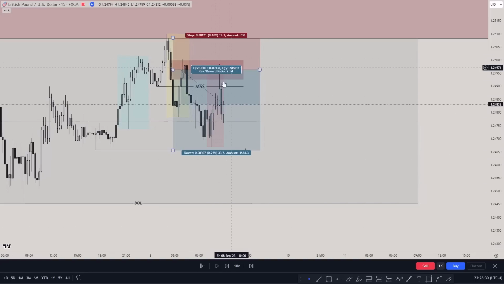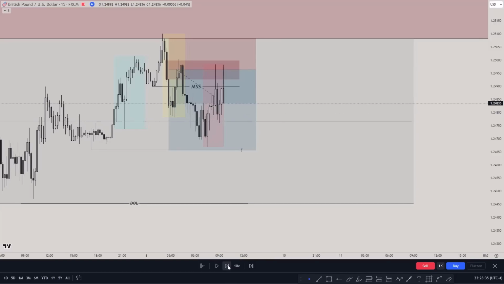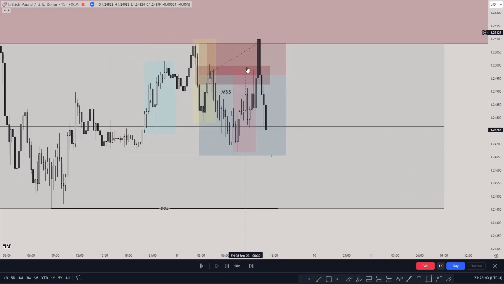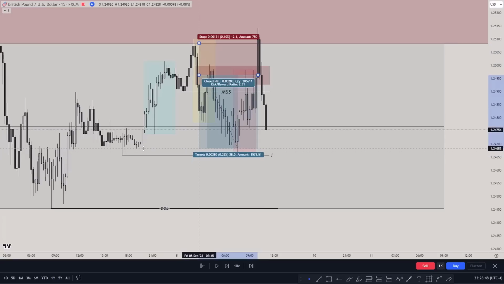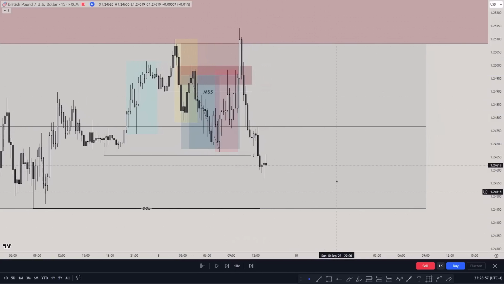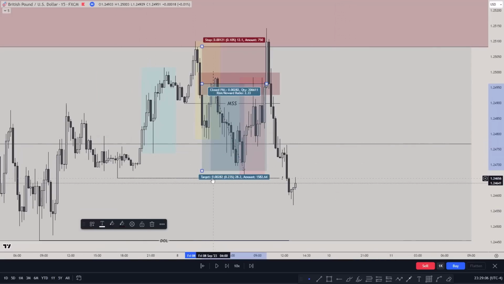Price actually entered the same level, our entry price, again and hit the stop loss. So this was a losing trade, even though I was thinking that price was going to take this. Actually price reacted from this after taking this liquidity, went again into the previous daily high, and now we're starting to go lower. That's why I said we've got to take some partials.